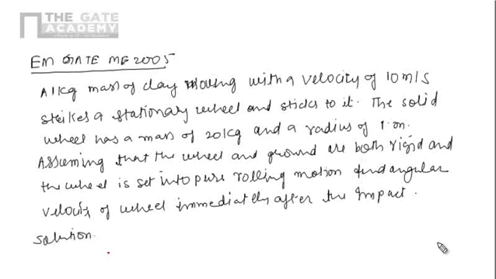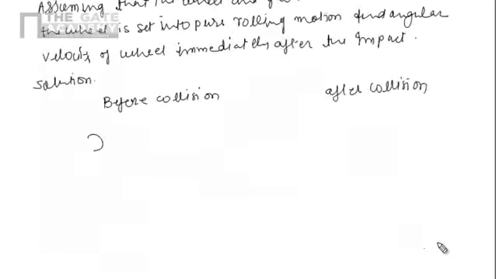So now we will take two conditions. First is before collision and second one is after collision. So this one is the mass 1 kg, that is mass of the clay.